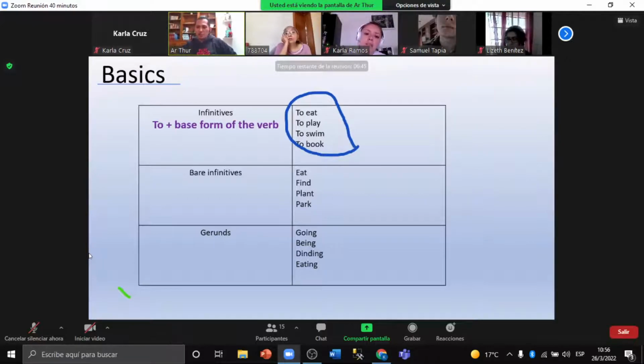I want to play. I want to swim. I want to book a new holiday for next year. So this is the full infinitive. Why? Because you have to previously a verb.